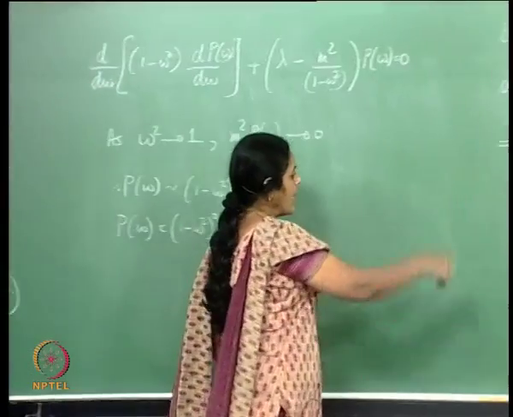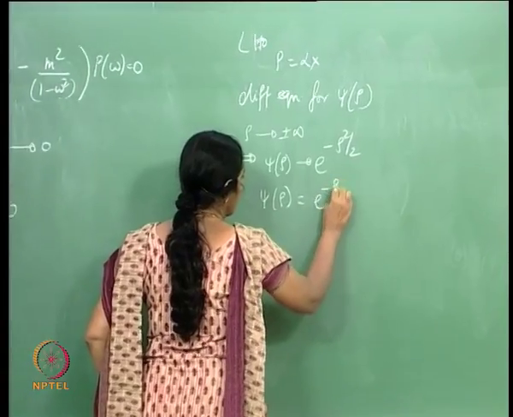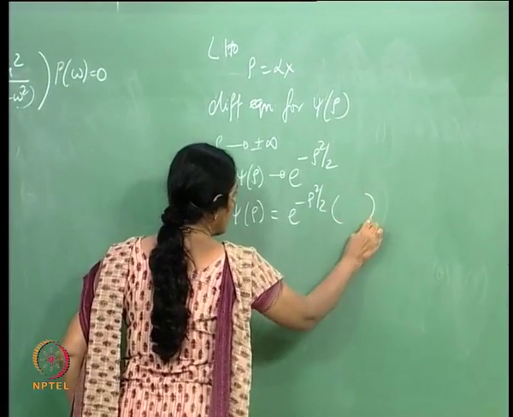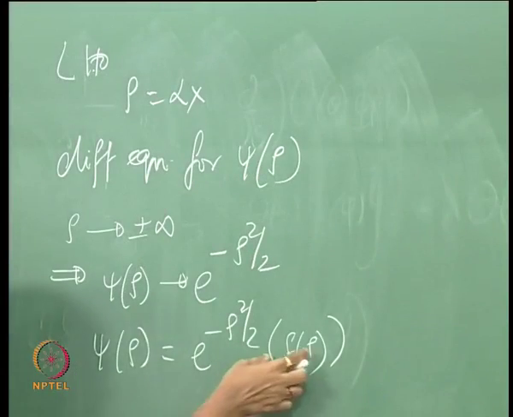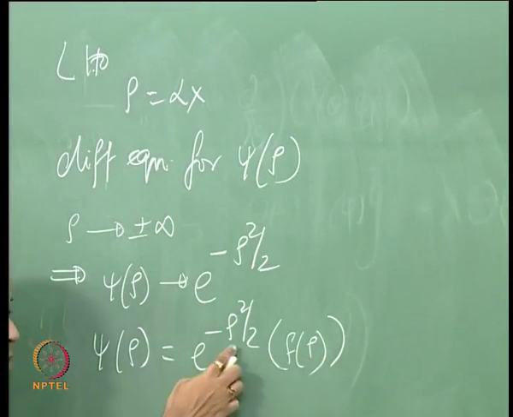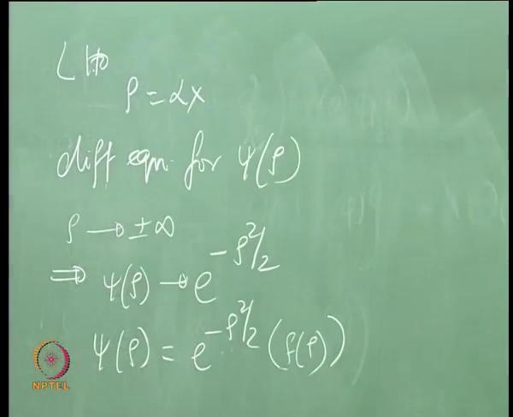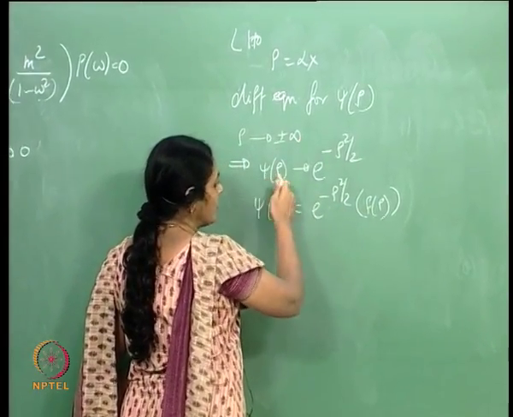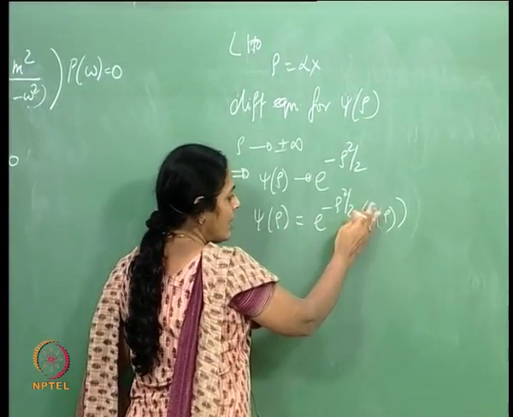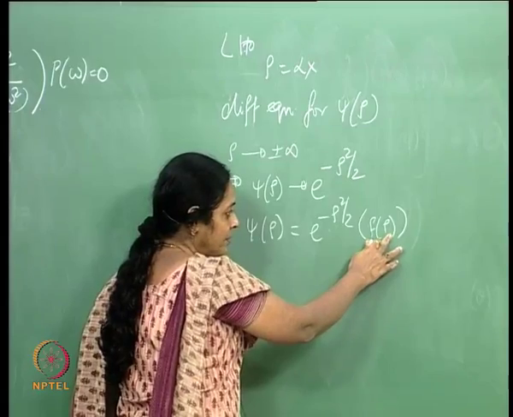This is analogous to what we did there. We wrote psi of rho as e to the minus rho squared by 2 times some function of rho, and the behavior of this function should not affect the asymptotic form. In fact, you might recall that the differential equation for psi was then rewritten, and we had a differential equation for f of rho in that case.